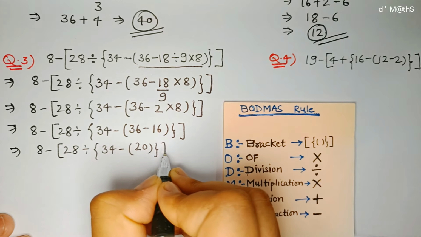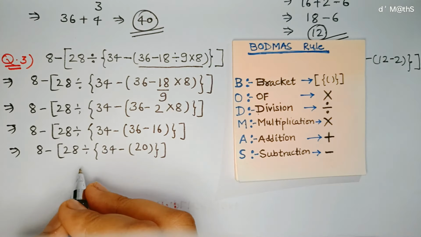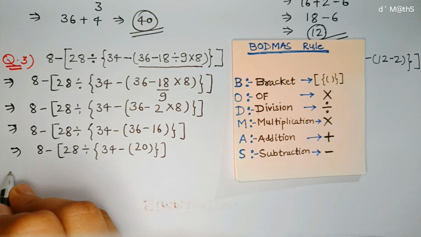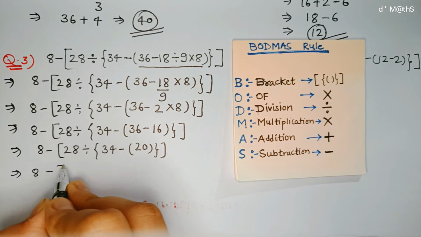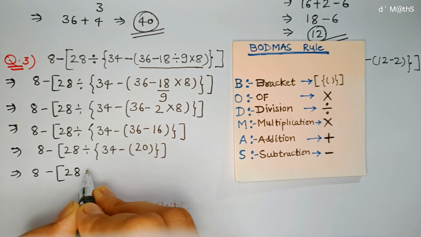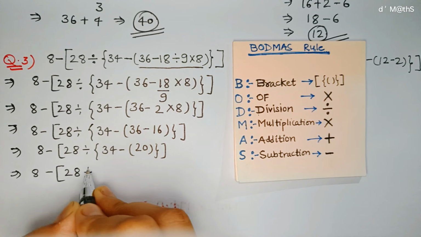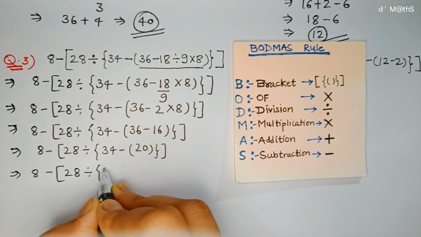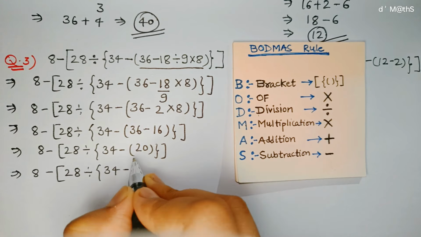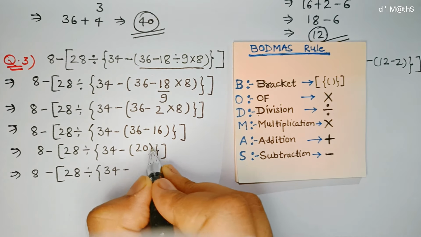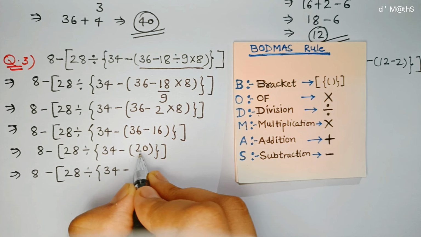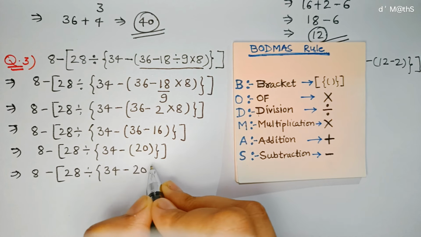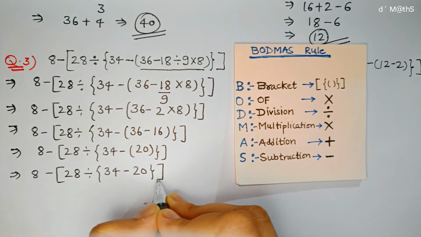Then 8 minus big bracket 28, then division, then curly bracket, 34 minus, so here the small bracket will be removed. Only one digit is there, 20, so you write 20, then curly bracket, then big bracket.